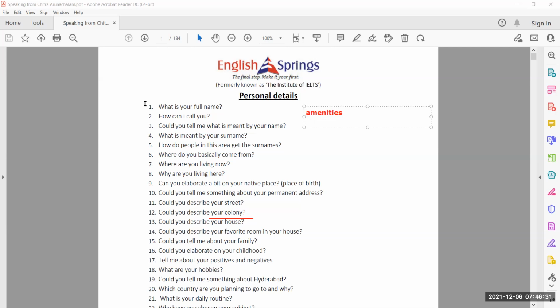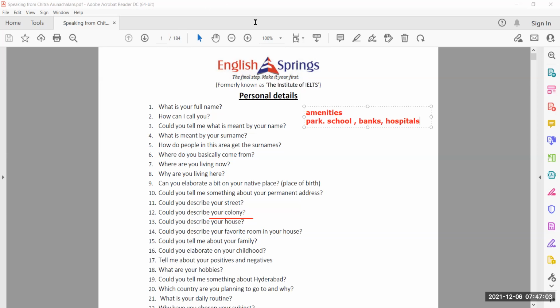You can also say that you live in a multicultural society where you will have very good exposure and be able to learn multiple languages. And you can talk about places such as the park, school, banks, pharmacies, hospitals and bus stops near your colony.